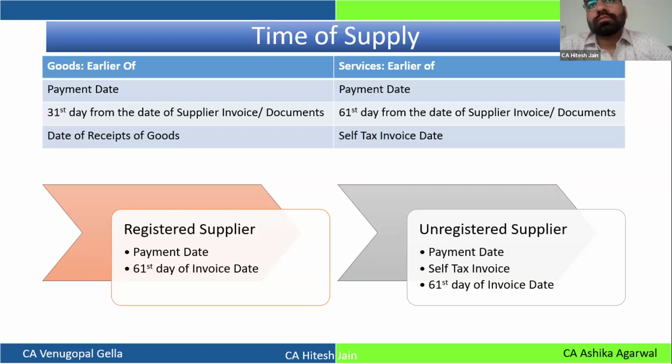Because even though supplier is unregistered, it may not be a tax invoice under GST, but they will definitely be issuing some document for their record purpose, their accounting purpose, not under GST, but other acts, income tax acts and other laws, they have to do the compliances. So under unregistered, three will come due to raising of self-tax invoice. So that's the reason we divided into two for discussion, though the way the law says is what is covered under the table.